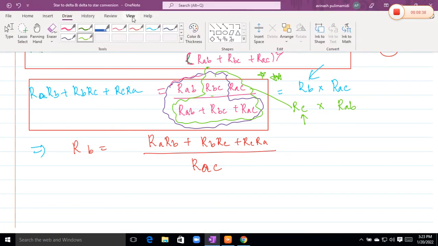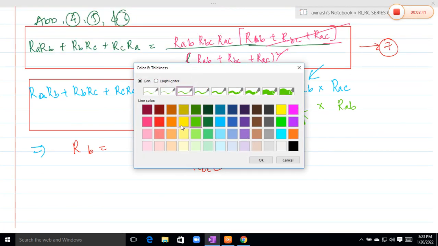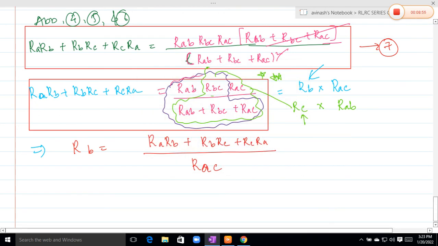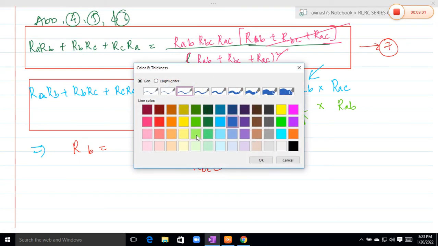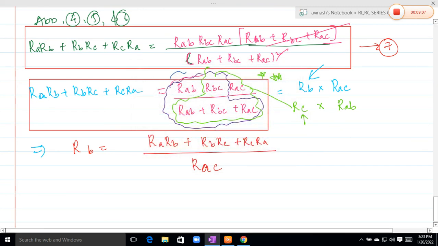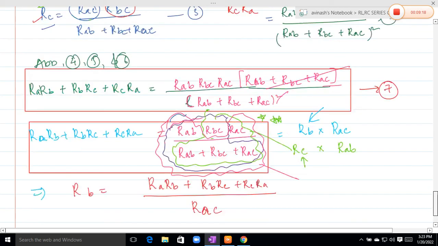If I change this to another value, let me change the ink first. If you observe this pink, it is nothing but RAB into RAC.